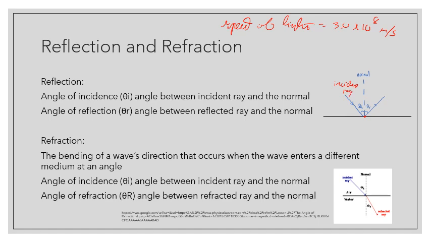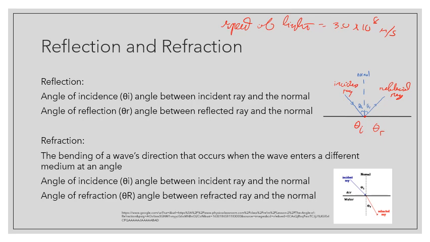And the angle of reflection is the angle between the reflected ray and the normal. So this is the reflected ray. The angle of incidence is described by theta I. The angle of reflection is described by theta lowercase r.